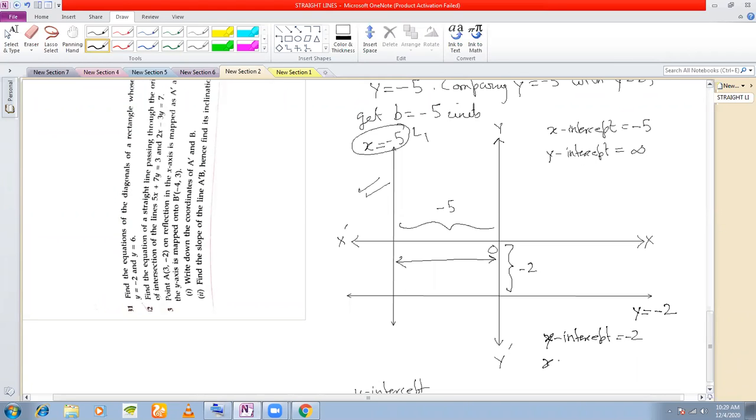But what is your x-intercept? Does this straight line intersect the x-axis anywhere? It does not intersect. It is parallel to the x-axis, but it intersects the x-axis at infinity. Therefore, we say that the x-intercept is equal to infinity.